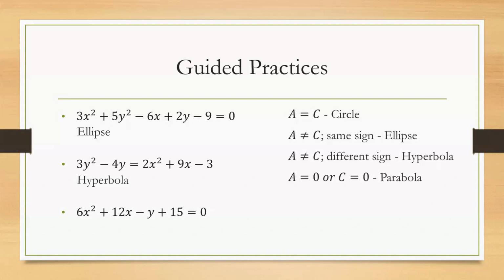When the y squared term is missing, that is because the C coefficient, or the number that comes before it, is 0. So if C is 0 and we still have A, which is 6, then that means the equation is a parabola. Because if either A or C is equal to 0, the equation is a parabola.